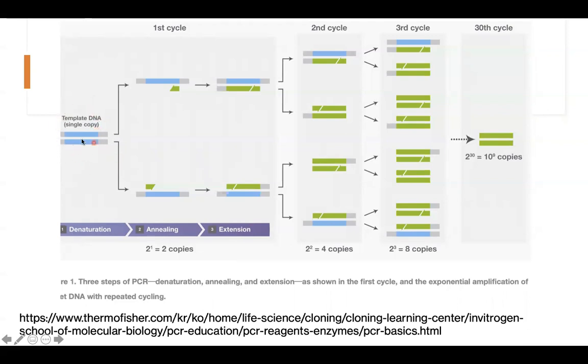And of course, our template DNA, double-stranded siya. And along the nitrogenous bases, we have, of course, hydrogen bonds. So in the process of denaturation, we try to increase the temperature until such time na mag-absorb ng energy yung hydrogen bonds at ma-break yung hydrogen bonds para ma-separate yung DNA strand.